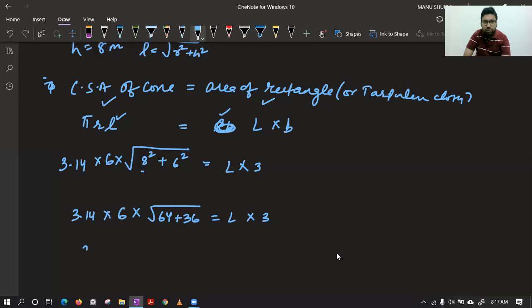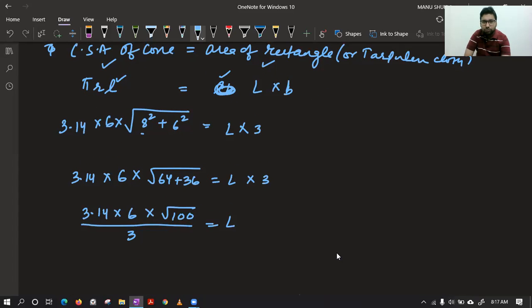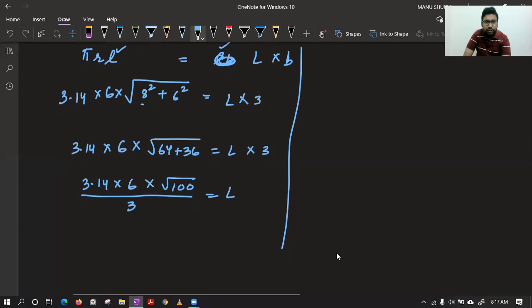Finally, we will get 3.14 into 6 into root 100 upon 3 is equal to capital L. Further solving, we will get 3.14 into 6 into 10 upon 3 is equal to L.